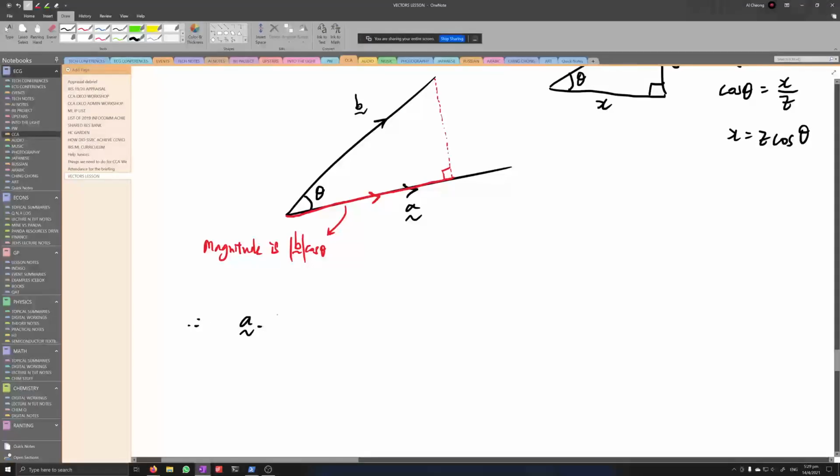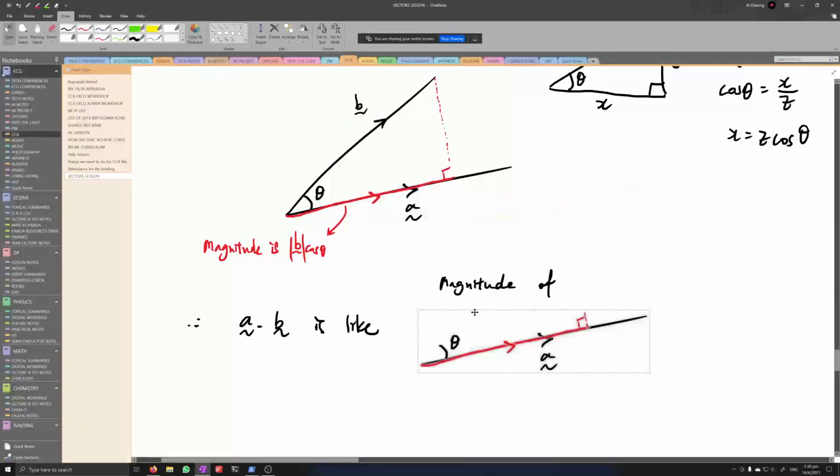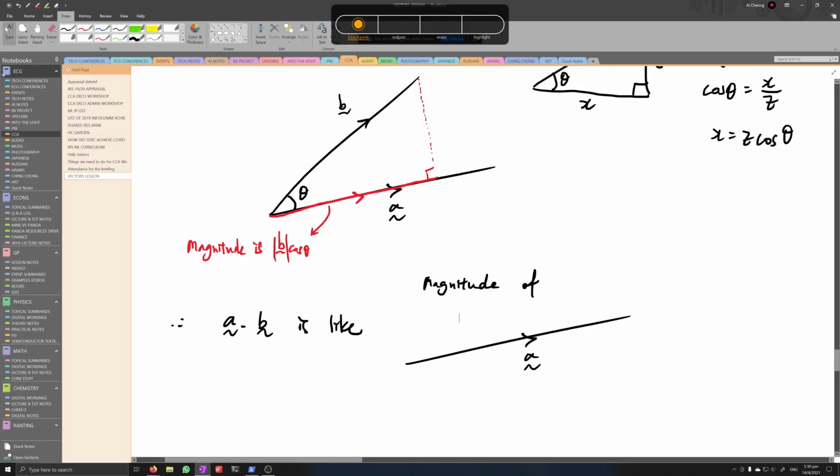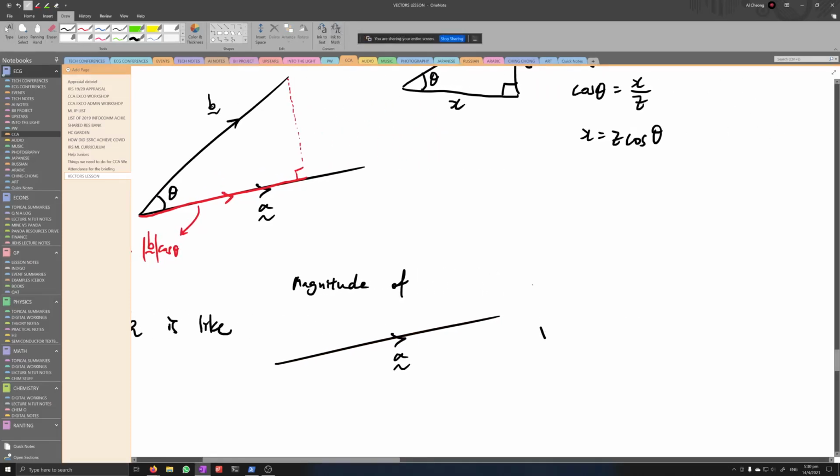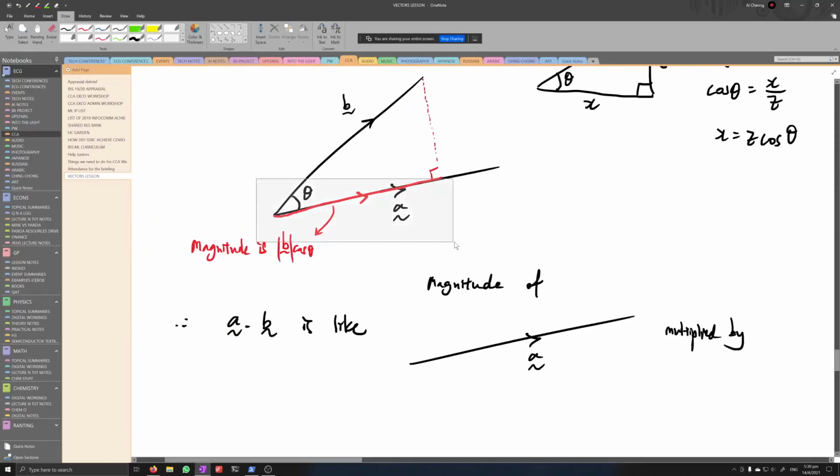Therefore, A dot B is like magnitude of A multiplied by just the red portion.